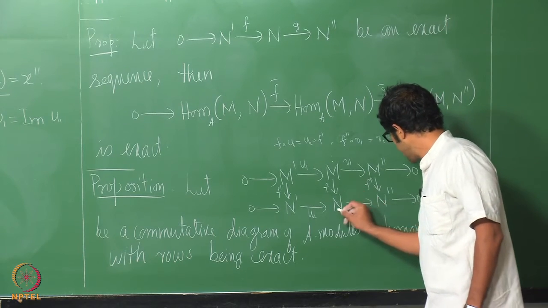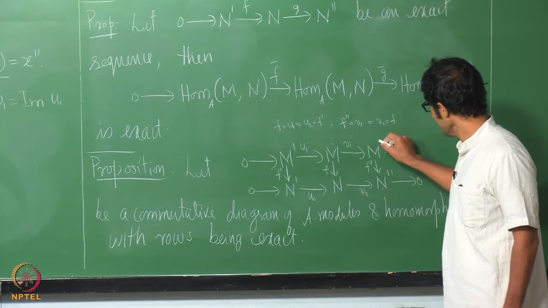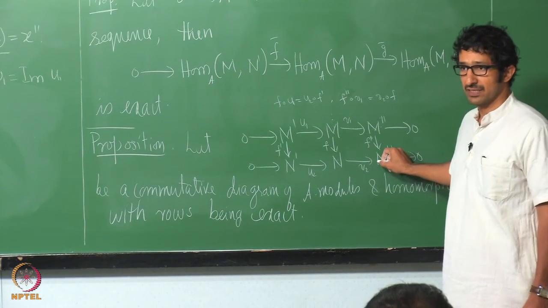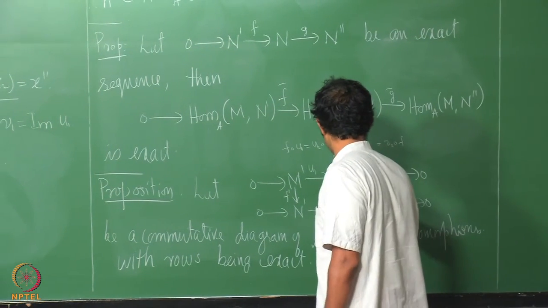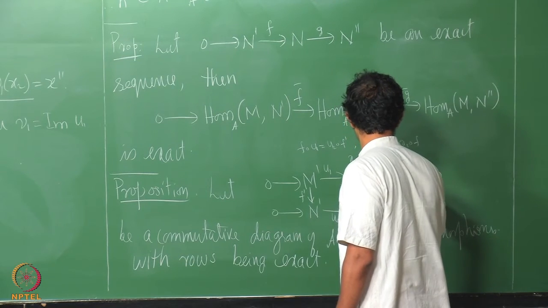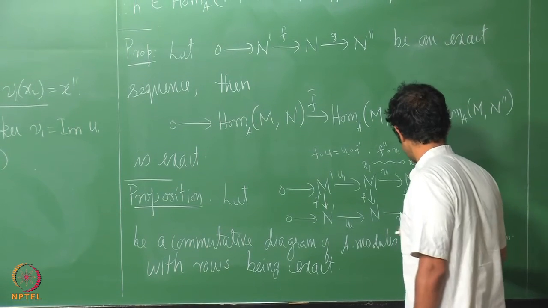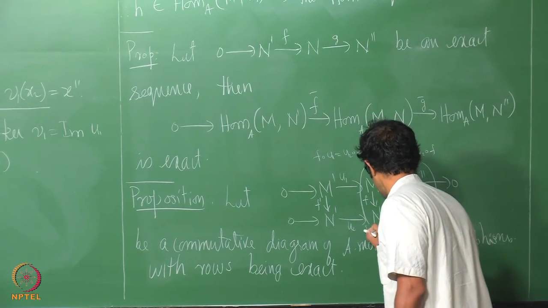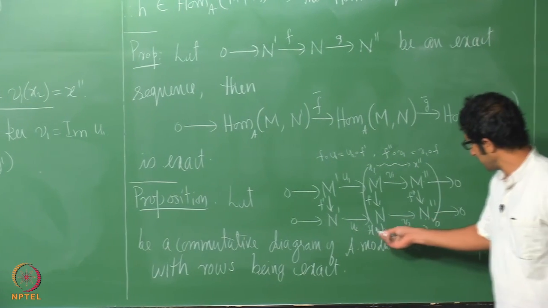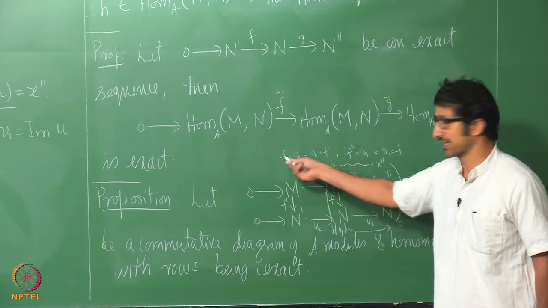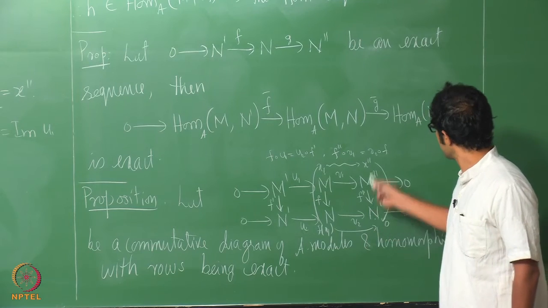Now V2 of f x1 is the same as f double prime of x double prime, but that is 0. x double prime is mapped to 0 here. Therefore f x1 is mapped to 0 under V2. So f of x1, similarly f of x2, both of them are 0. That is how we have chosen.